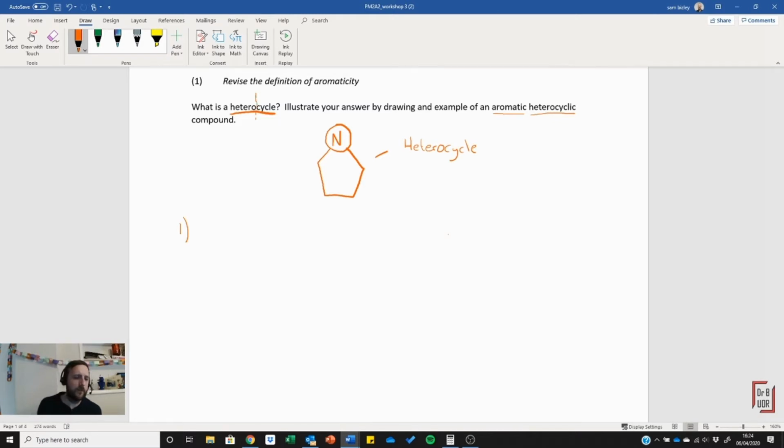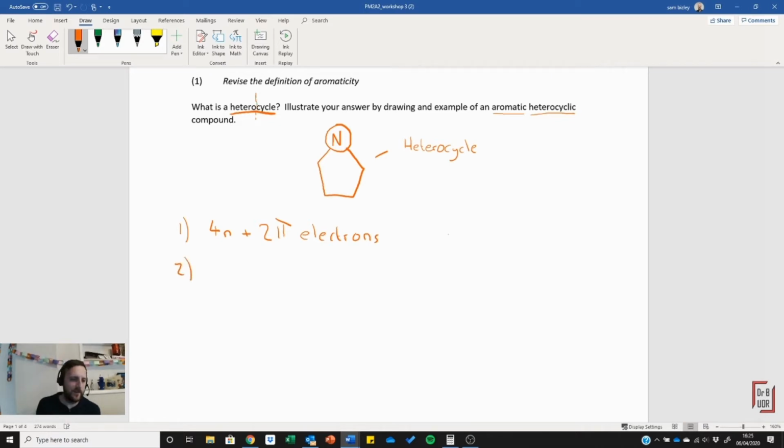So those 3 key rules are, first, that it has to have 4n plus 2 pi electrons. And we'll come through to that in practice in a second.